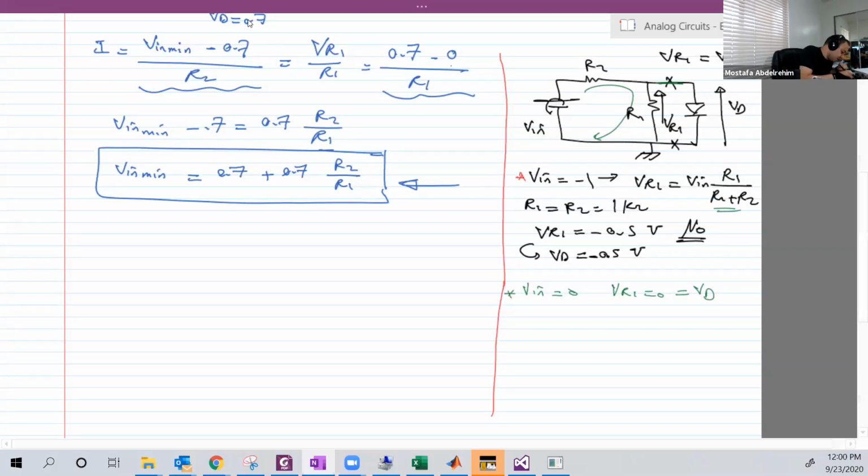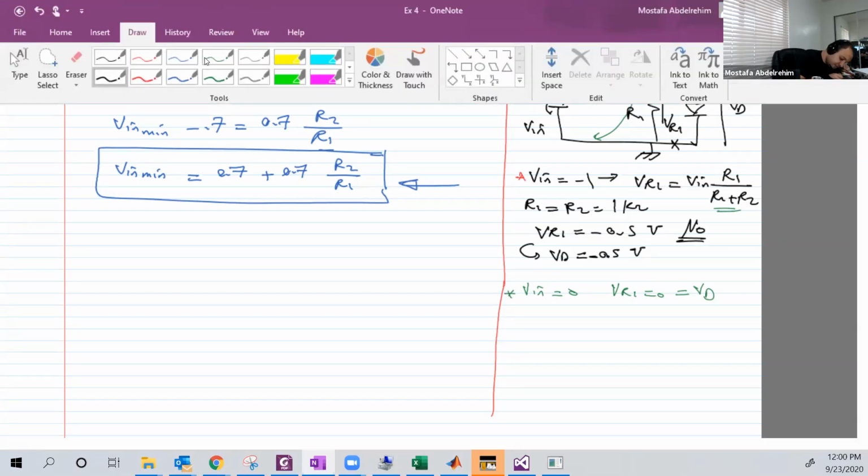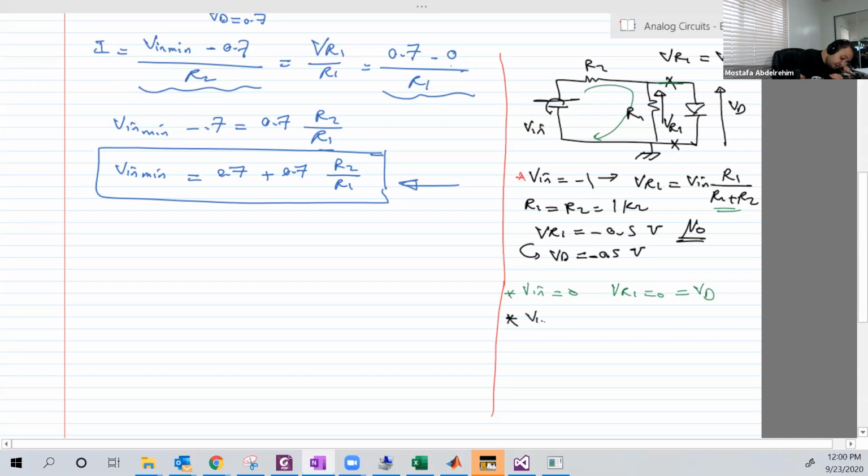Another example. Let's change the color again. Okay, black, that's fine. V input is equal to 0.7 volt. Just 0.7 volt. The diode will be off. I will show you why, but let's just keep with this. The diode is off, so again the current is 0.